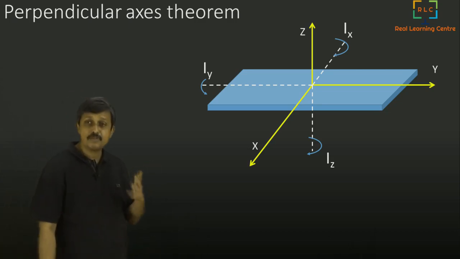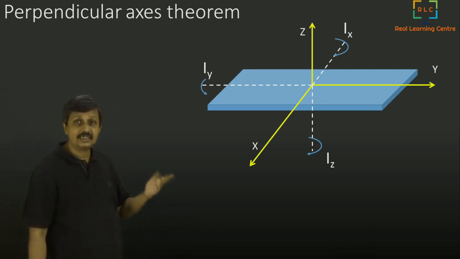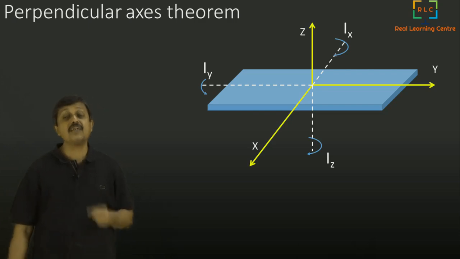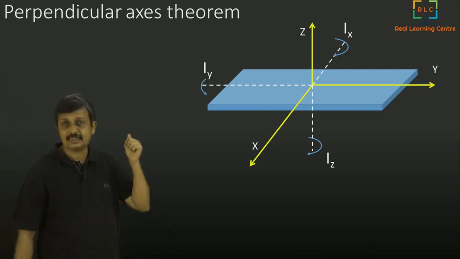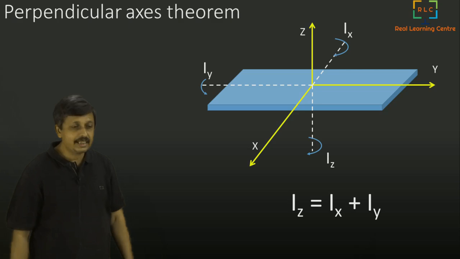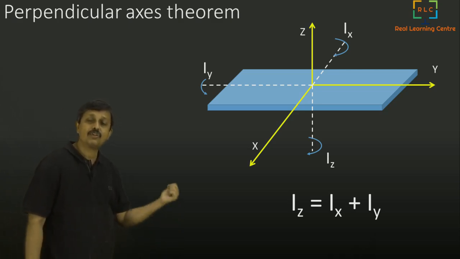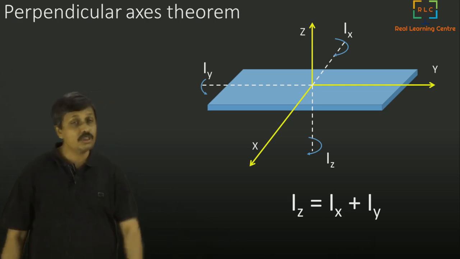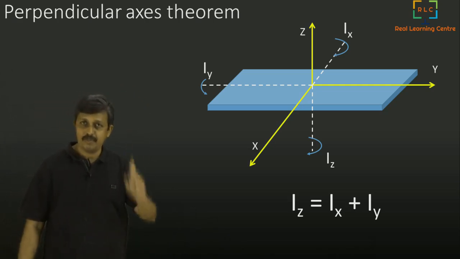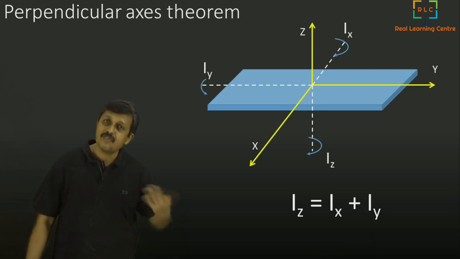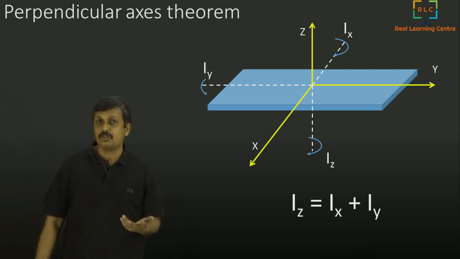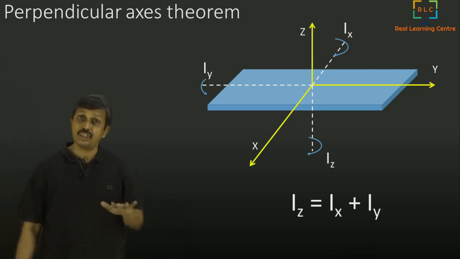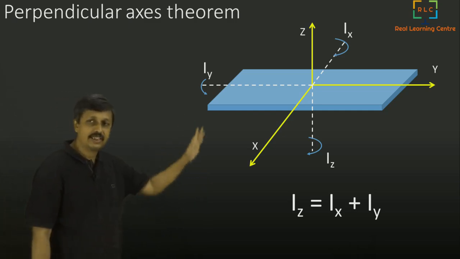The relationship between these three, Ix, Iy and Iz, is given by the perpendicular axis theorem. That relationship is Iz equals Ix plus Iy. The one through the axis perpendicular to the plane is equal to the addition of the other two, which are on the plane but perpendicular to each other. If you add those two, you will get Iz.